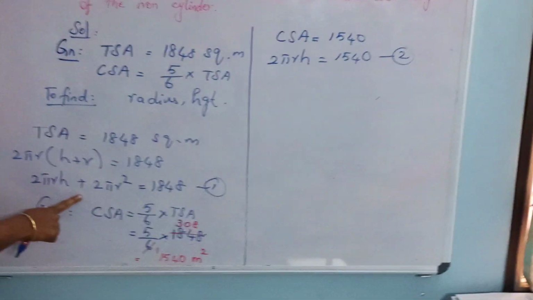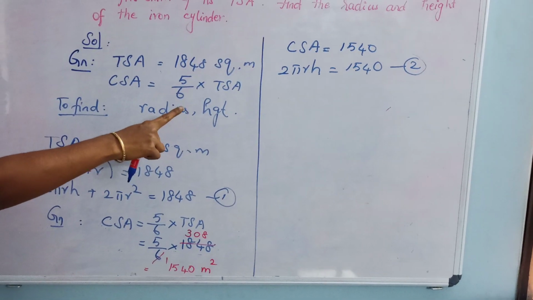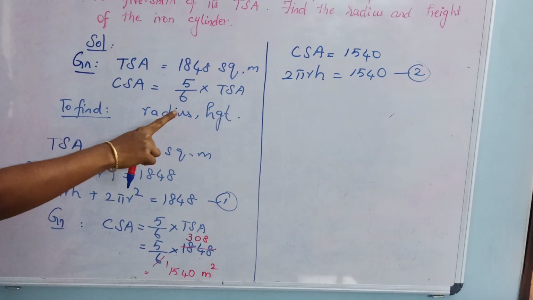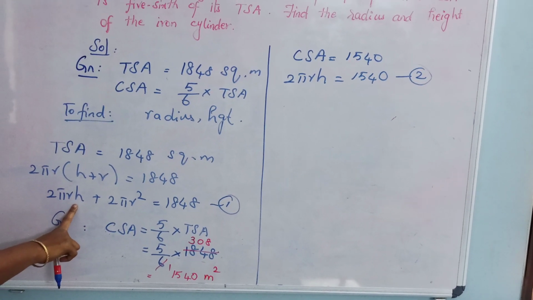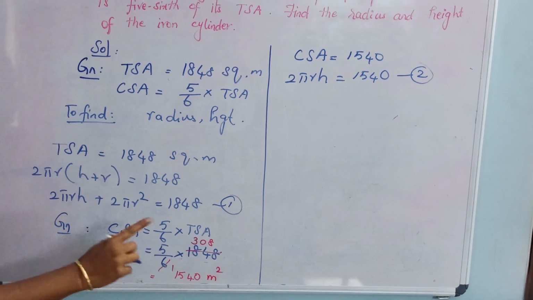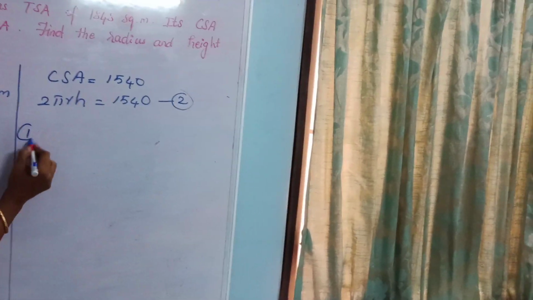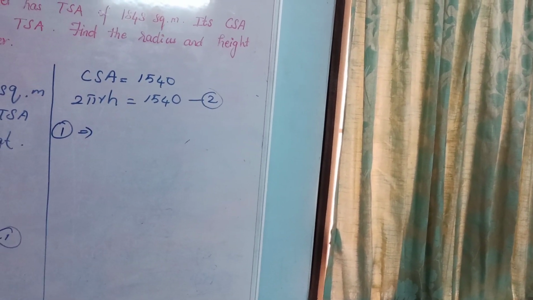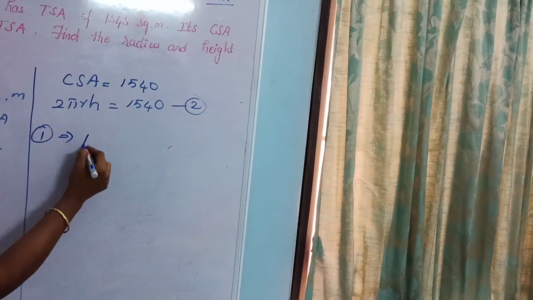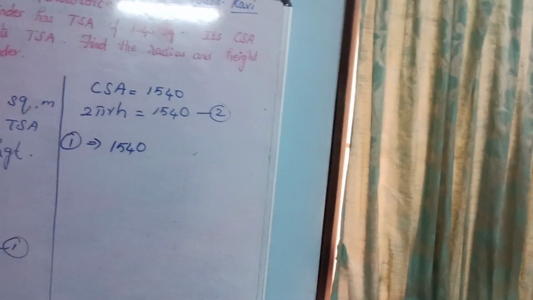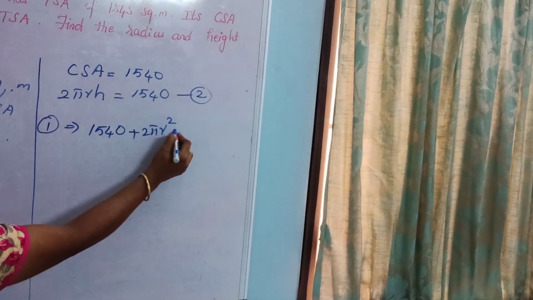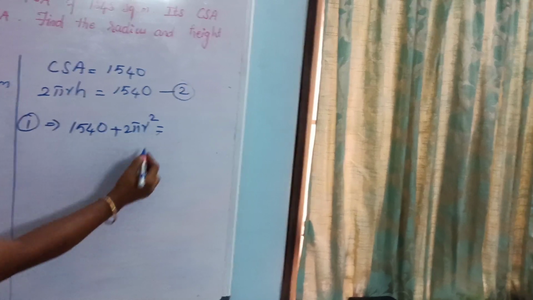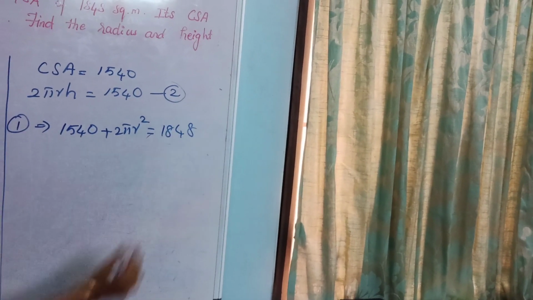Now we have to compare the first equation and the second equation. In the second equation we have got the value of 2πrh, so we substitute that value in equation number 1. The first equation becomes: instead of 2πrh, we put the value 1540, plus 2πr² equal to 1848.